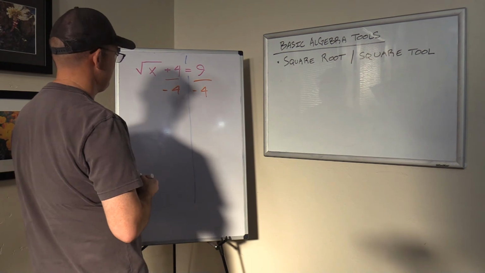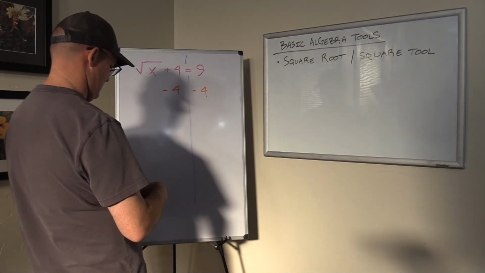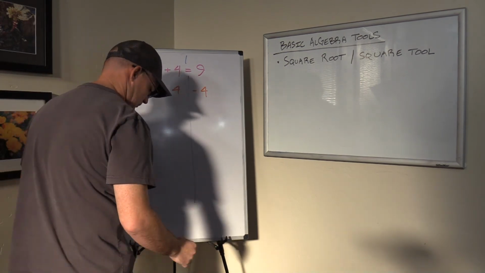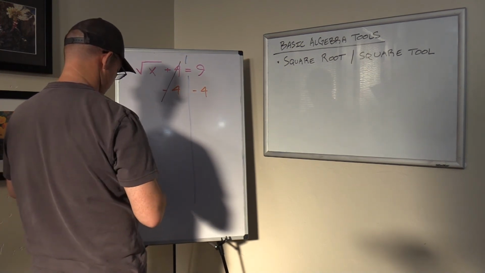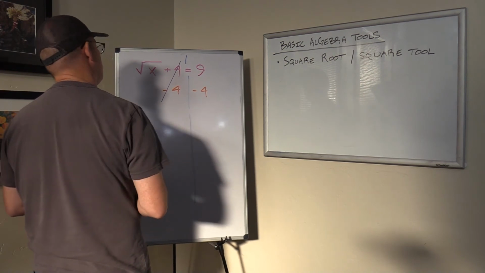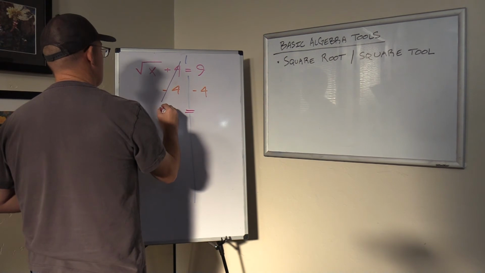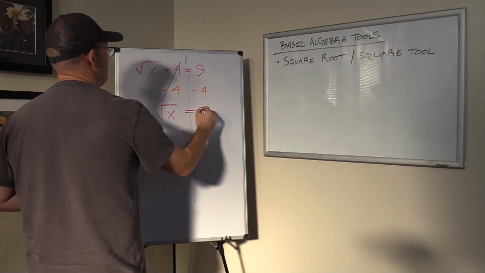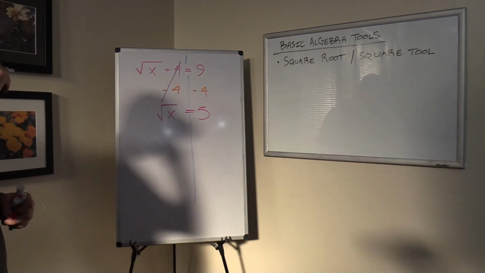Okay, these 4s over here are going to cancel. So what that leaves us with is the square root of x equals 9 minus 4 equals 5. Okay, so the square root of x equals 5.